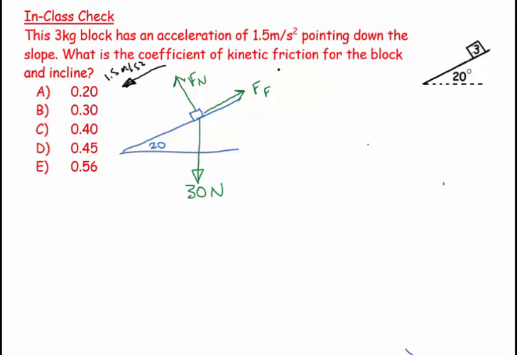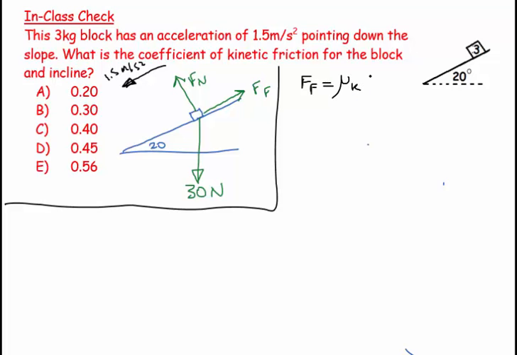What do I want to find? I want to try and find my coefficient of kinetic friction, so Ff is equal to mu k times Fn, so mu k is equal to Ff over Fn.